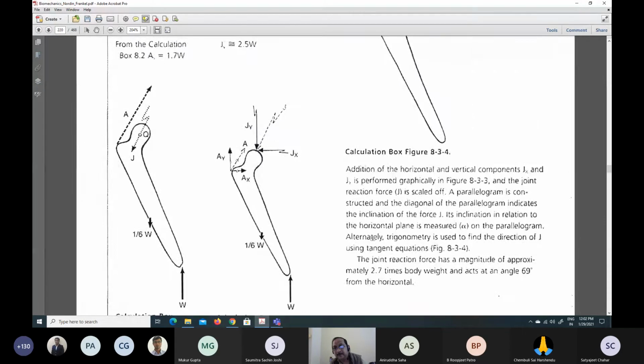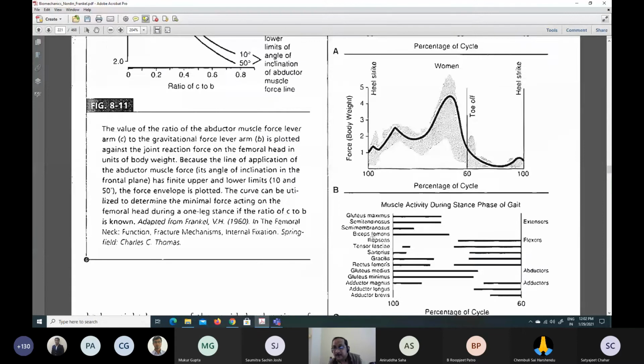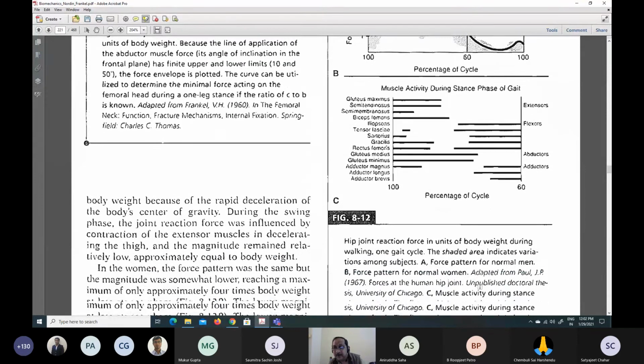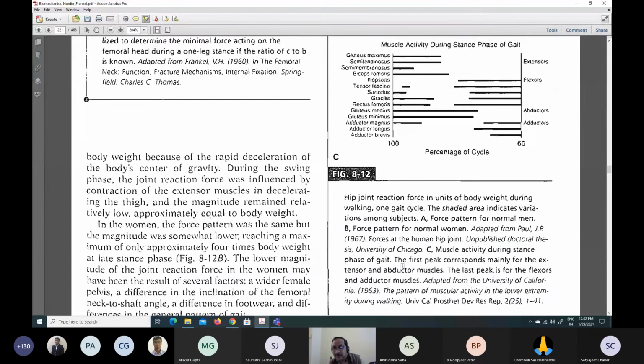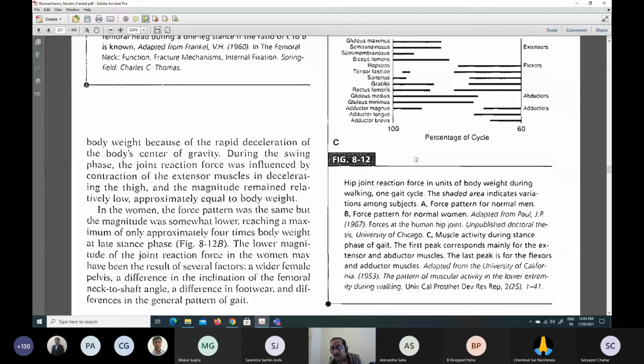I go back to that figure. In this figure they are also telling us the first peak corresponds mainly to the extensor and abductor muscles. You see the flexor, extensors, and the adductor. Abductor muscles are contributing a lot in the basic movement of any person.